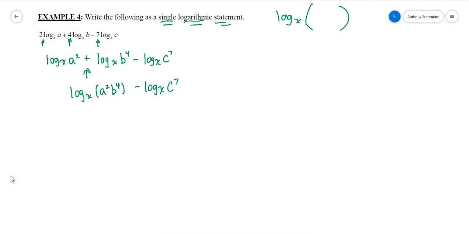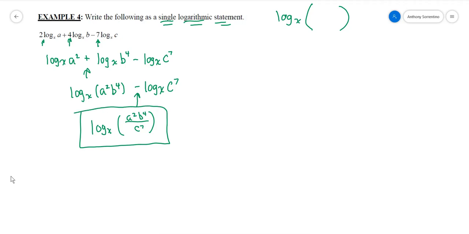So notice that I have this subtraction here of 2 logarithms of the same base, which means I could apply the quotient property, which would say that I can rewrite that as the log base x of a squared b to the 4th, which would be the term in front there, over c to the 7th. And now it's written as a single logarithmic statement, and that's what I wanted.